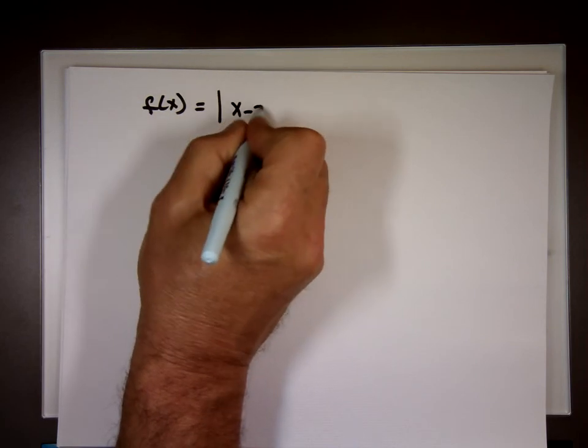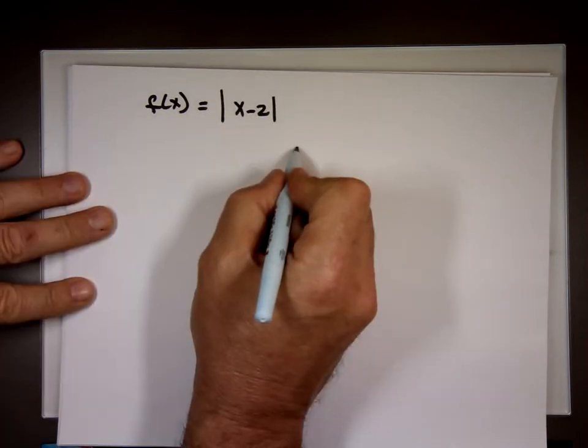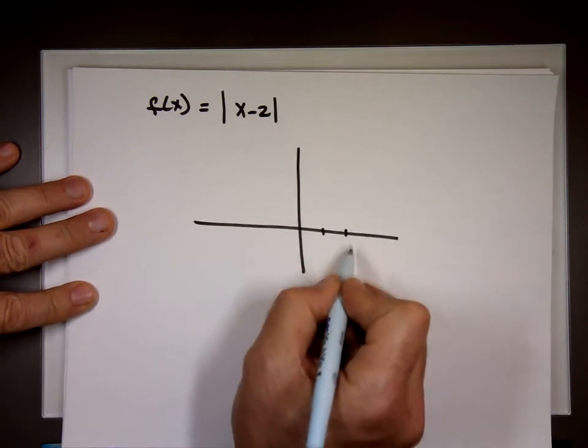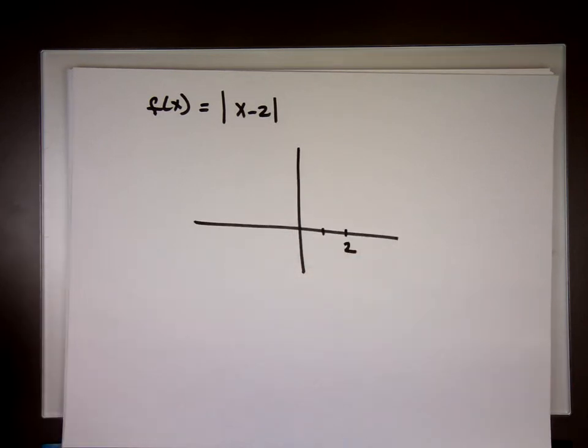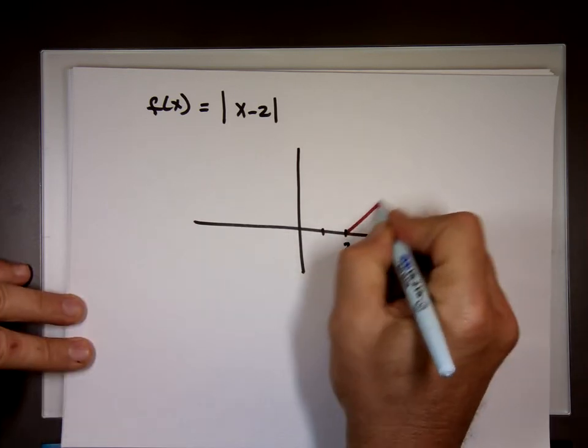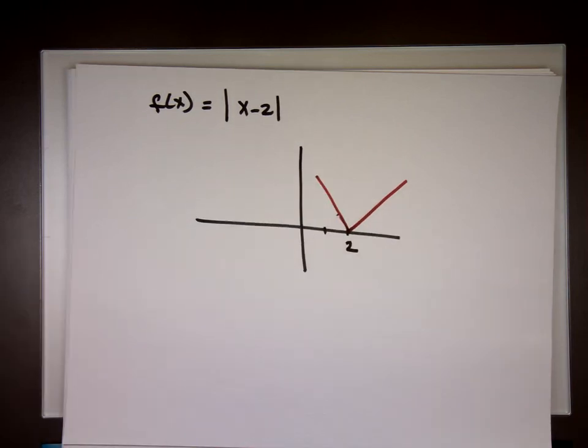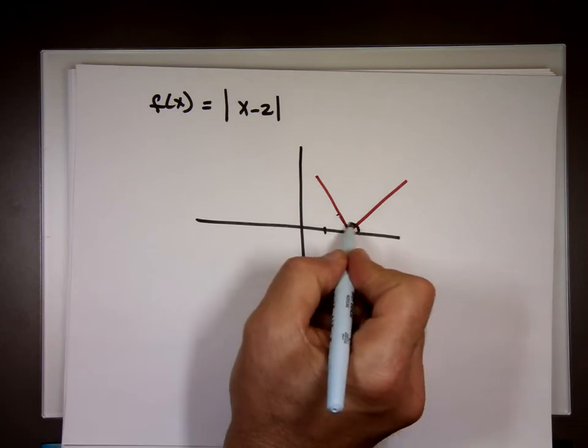What does the graph look like? This is the 1, this is the 2. The graph for that will be a V. There is no derivative right here. No derivative.